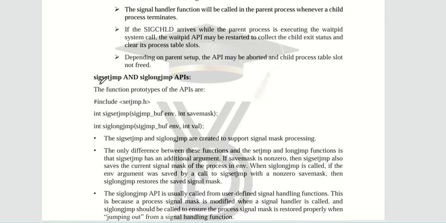And this is also very important, guys. Here is sigsetjmp and siglongjmp API. We already studied the setjmp and longjmp API in the third module. Similarly, the same functions, but here they work along with the signals.